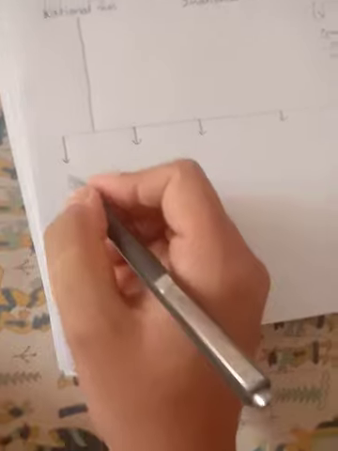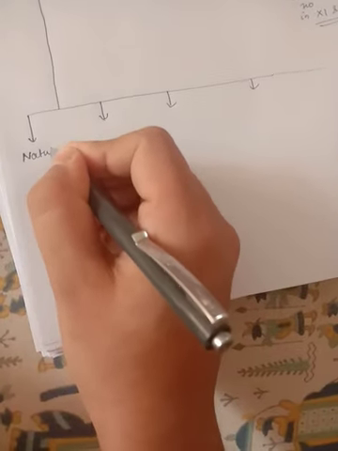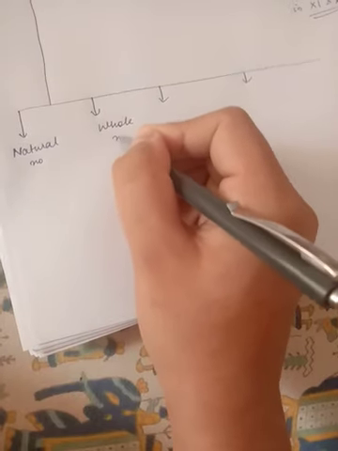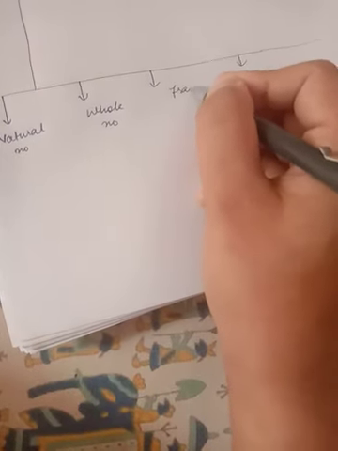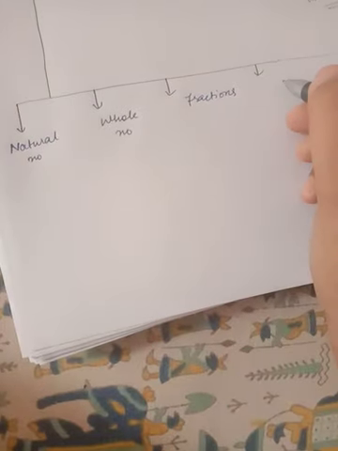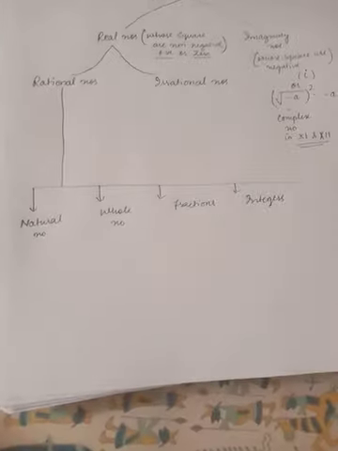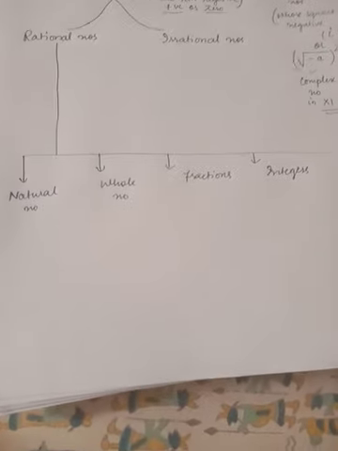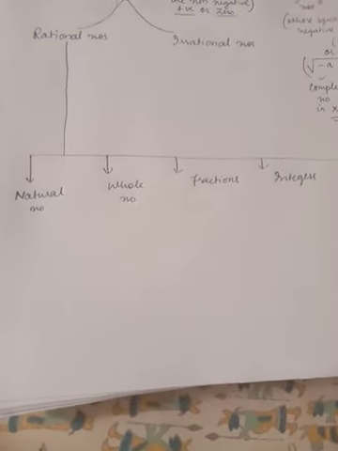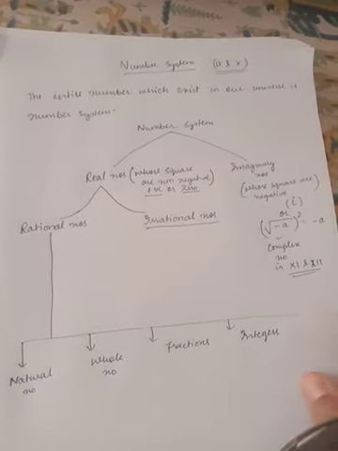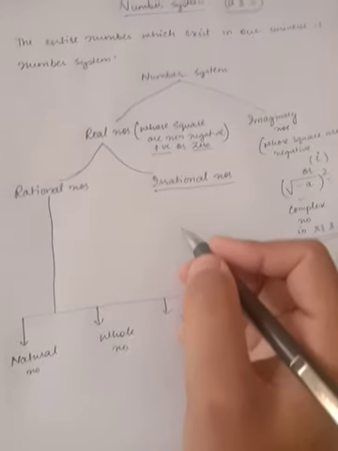The first one is natural numbers, then whole numbers, then fractions, and last but not least, integers. So let us discuss, from the point of view of class 9th and class 10th, the irrational numbers first.